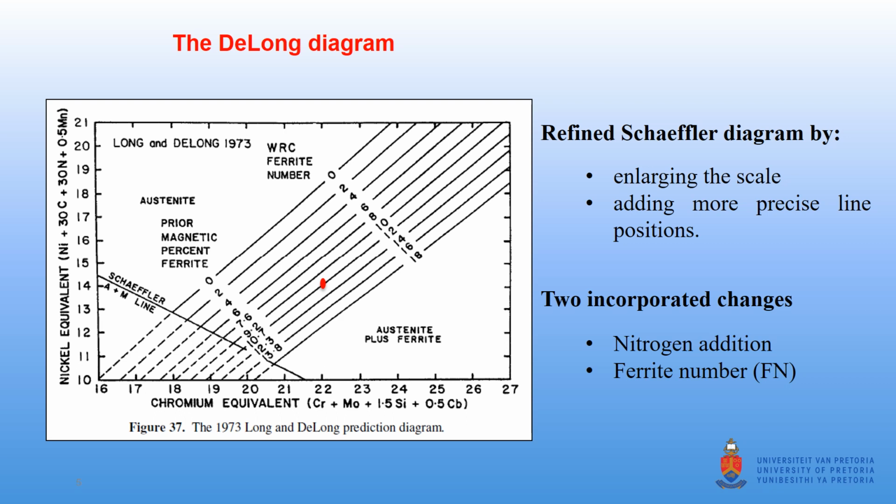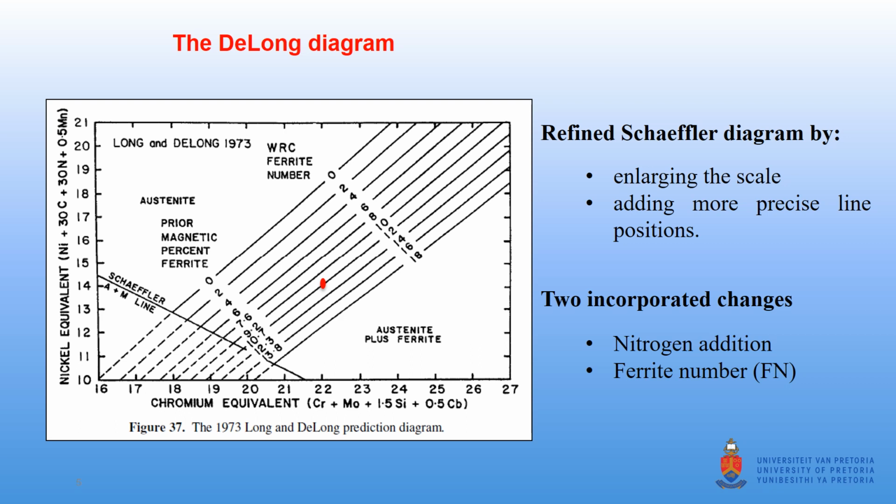In addition to changing the scale of the diagram and improving the accuracy of the predictions, the DeLong diagram also incorporates two significant changes. Firstly, the incorporation of nitrogen in the nickel equivalent formula with a coefficient of 30. Secondly, they introduced the term ferrite number to define the ferrite content of the weld by its magnetic response.